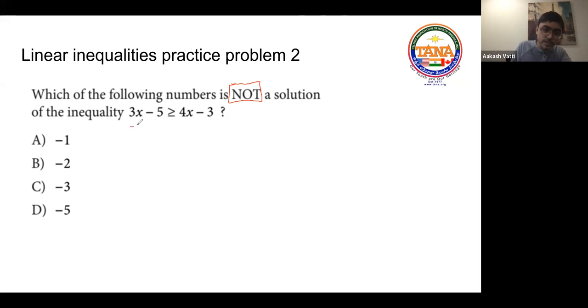You subtract 3x here and you add 3. So you get -2 greater than or equal to x. Therefore, you know that x has to be less than or equal to -2. And the only answer that doesn't satisfy that is A.